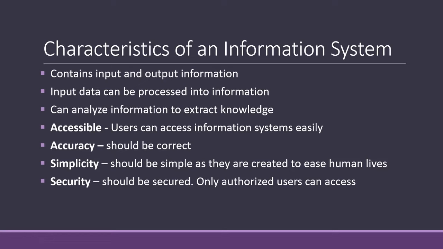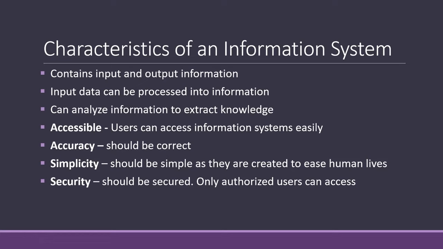Then the information and the services and everything inside an information system should be correct. It should be accurate. Simplicity means that the system should be easy to use. We know that when we are creating information systems or software solutions to address problems in day-to-day life, the main focus is to ease human lives.